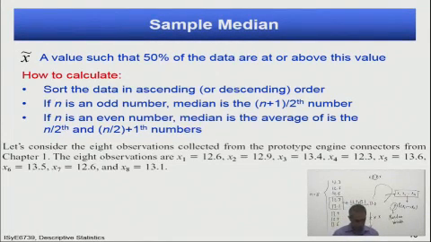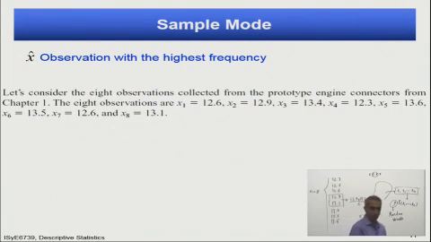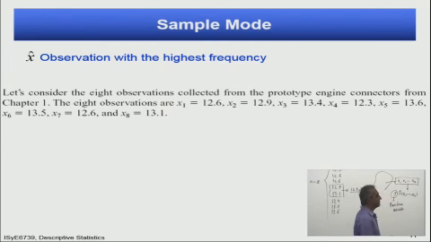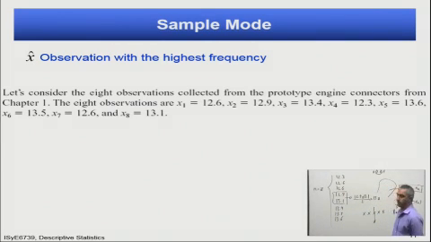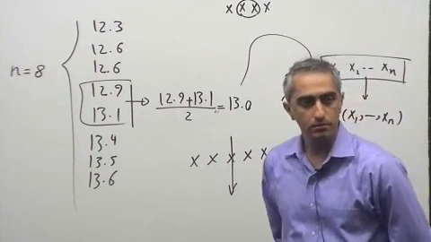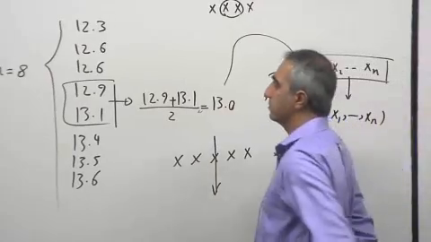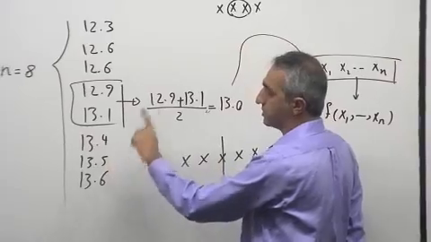Okay. Let me see. So sample mode. The observation with the highest frequency. So in this case, I have these numbers here. Which one is the sample mode? With the highest frequency? Yep. All other numbers have a frequency of 1.